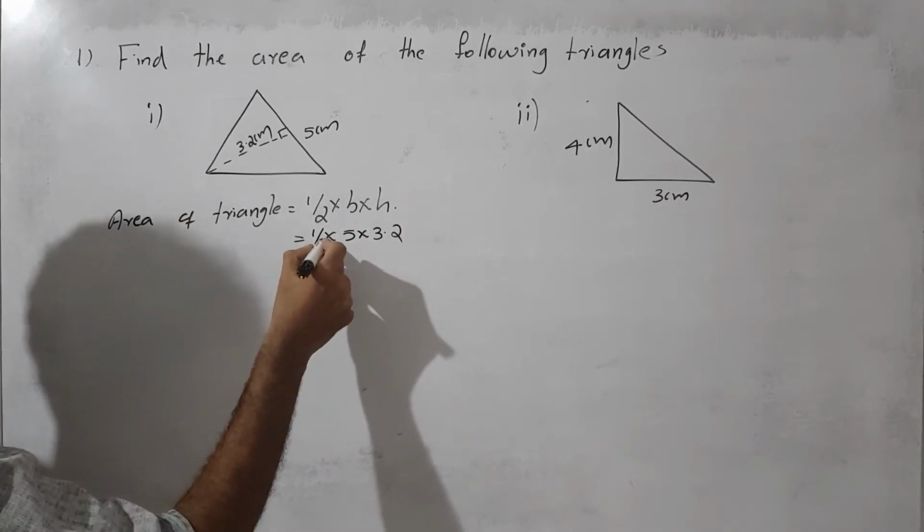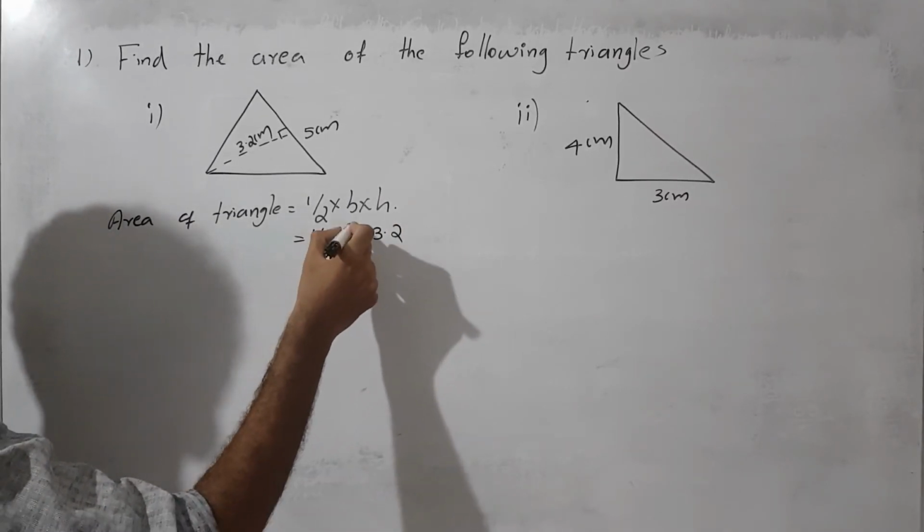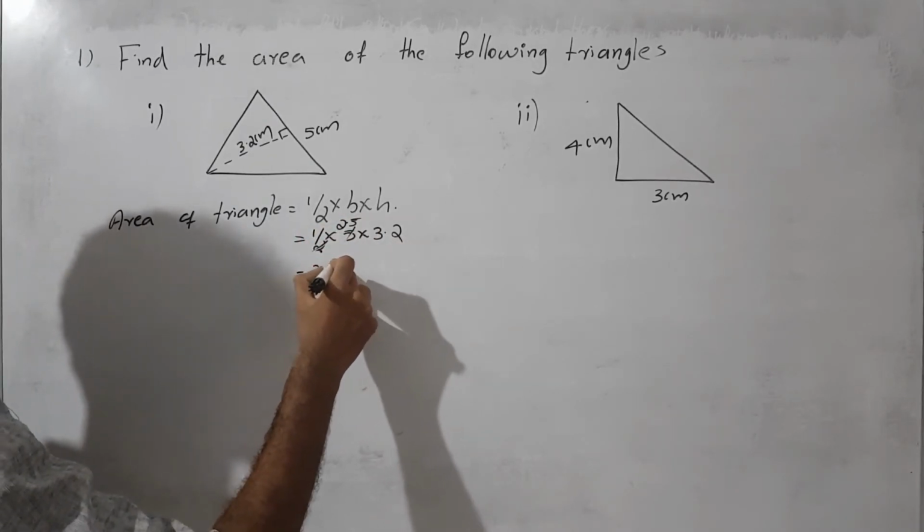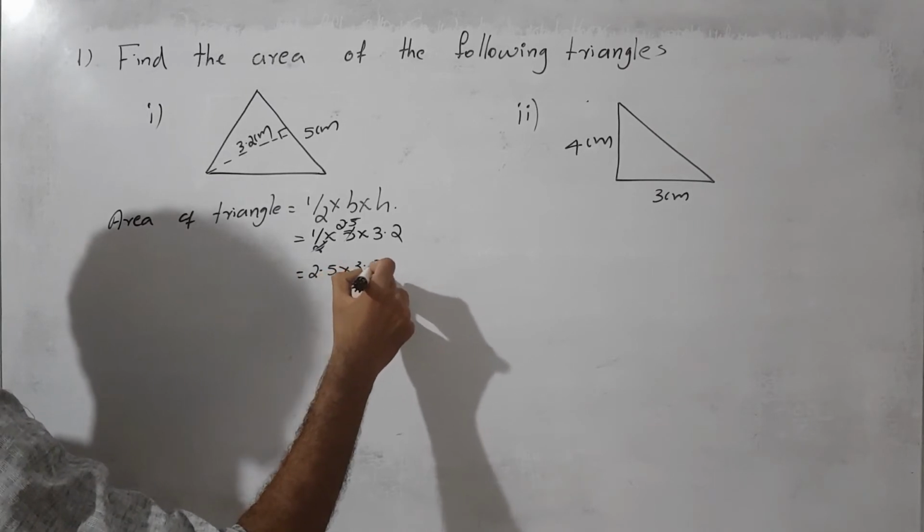Okay, then we just divide or reduce 2 and 5, then we get 2.5. Then 2.5 into 3.2.